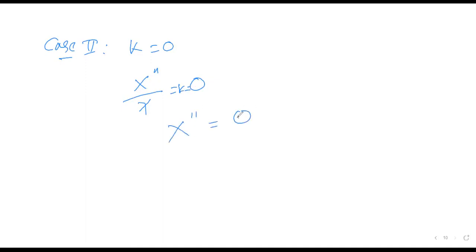Case number 2, where I'm going to choose k equal to 0. Then what do you think? Our equation X double dash over X equal to k, which is equal to 0. So what will we get? X double dash is equal to 0. What will be the answer for this ODE? If you have, for example, y double dash equal to 0, what will be the y?